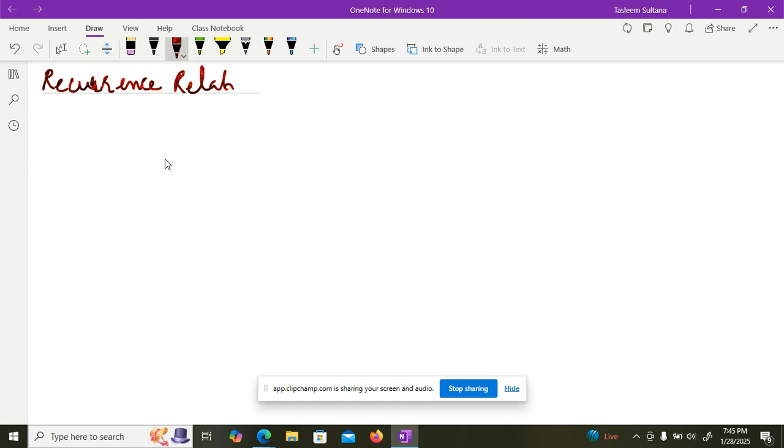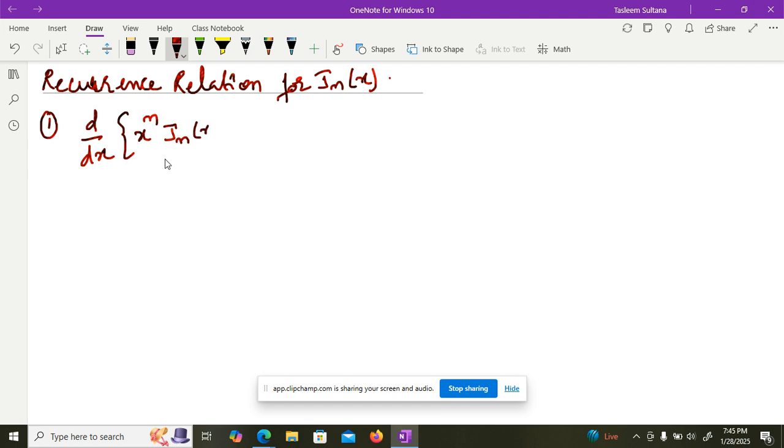Recurrence relations for Jn of x. The very first recurrence relation is d by dx of x to the power of n Jn of x, which equals x to the power of n into J n minus 1 of x.